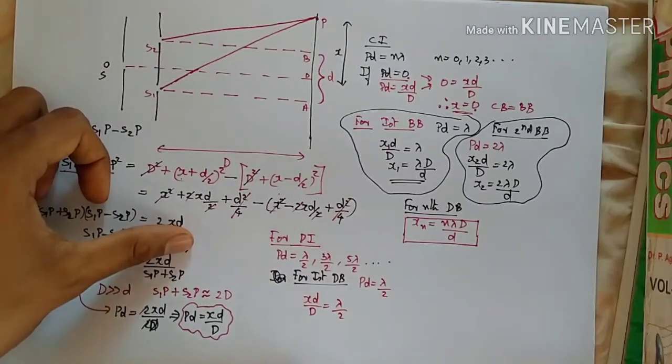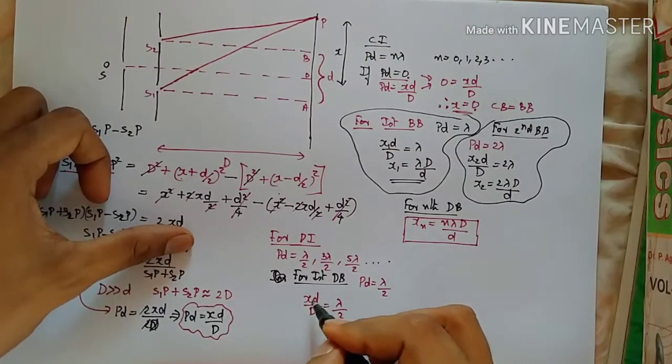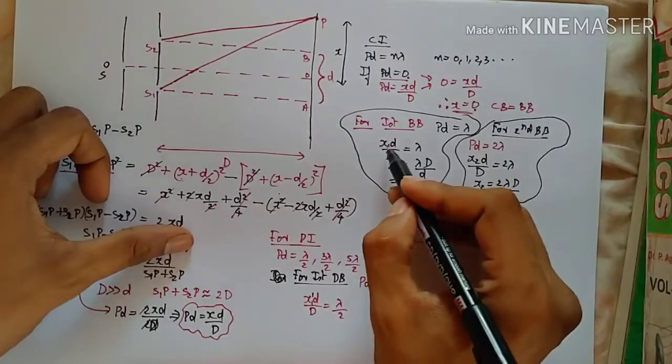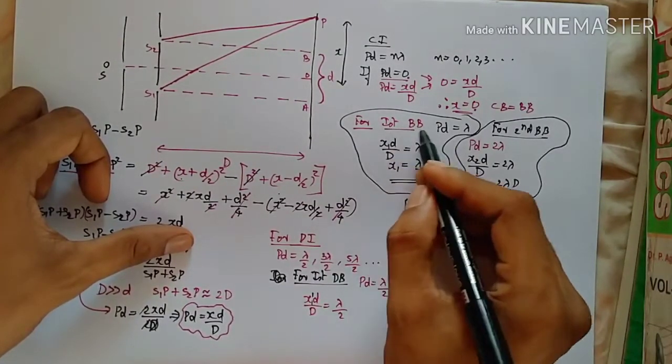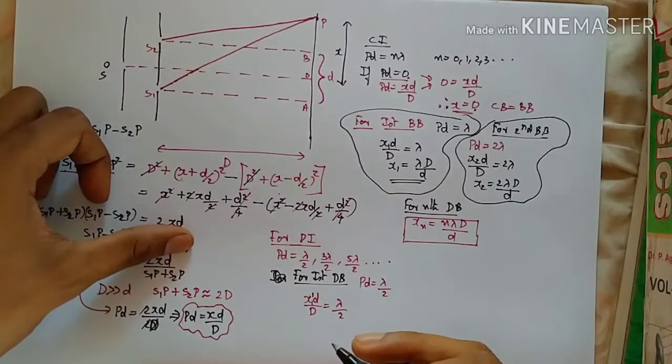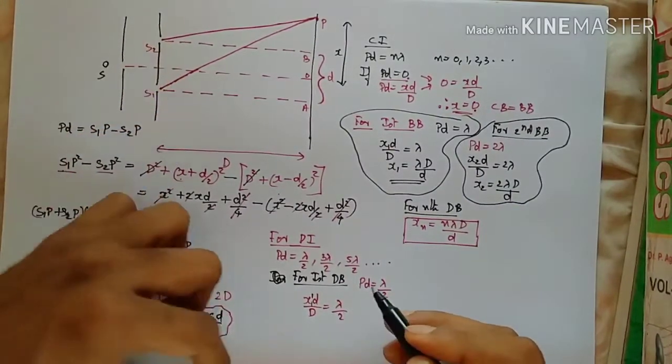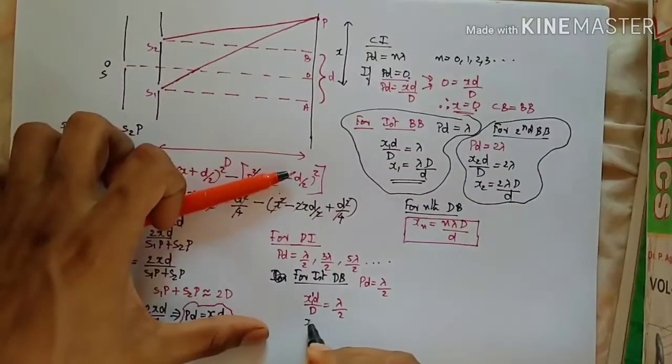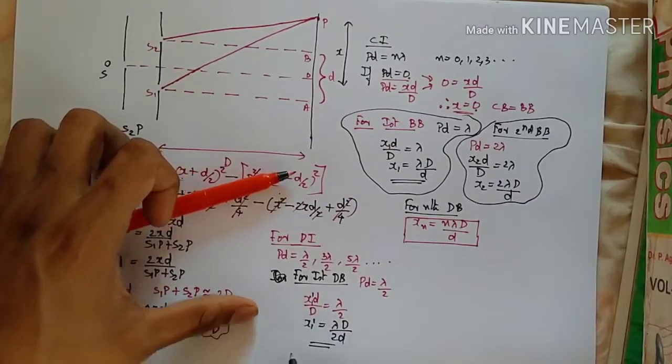But x is a variable, so we will have to give that x as x1 dash. Why am I giving it x1 dash? Because x1 is given for the distance to the bright band. Therefore, x1 dash is the distance from the central band to the first dark band. Then x1 dash will be lambda capital D by 2d. This is the distance for the first dark band.